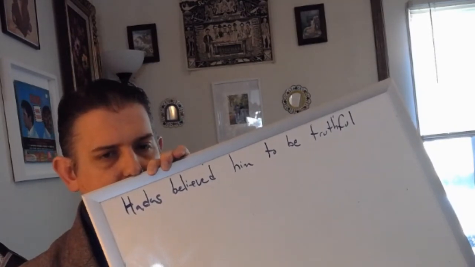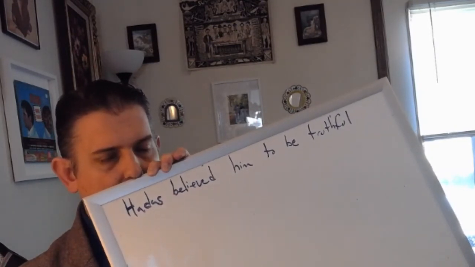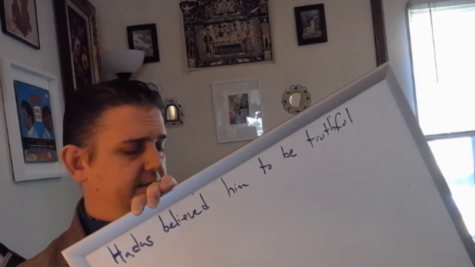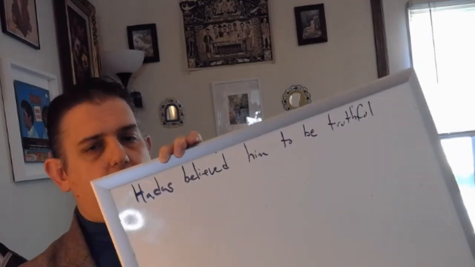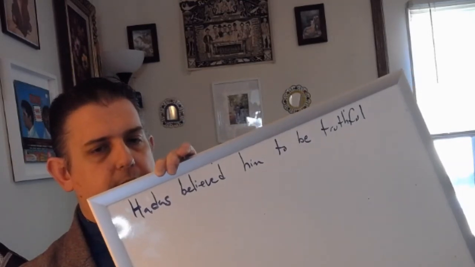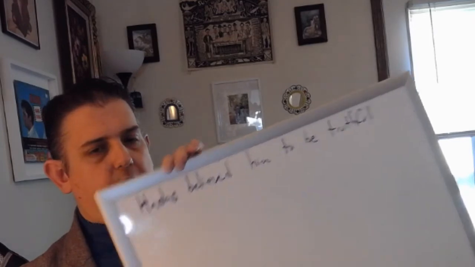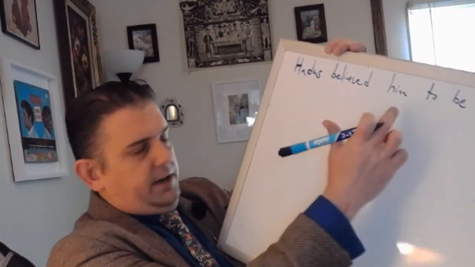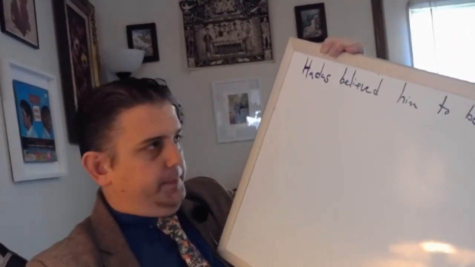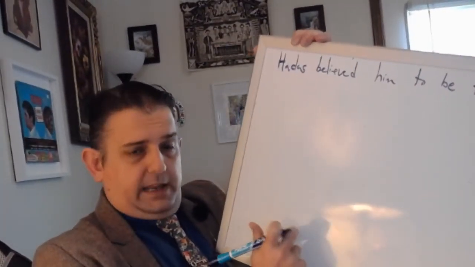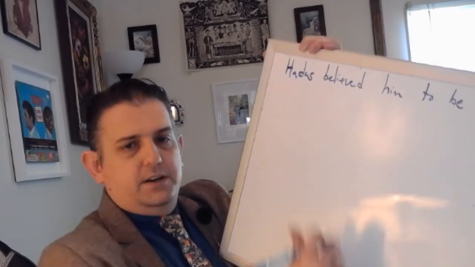Now, we can do a couple different things with this. We can analyze the fact that if we have an overt subject and we tense this, we can see that in fact this subject here will be in the nominative case.